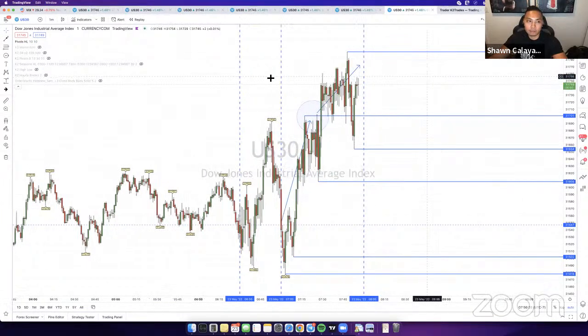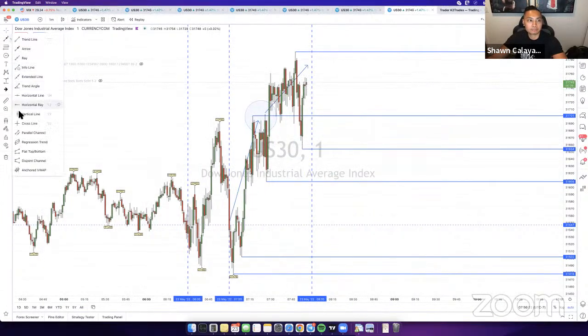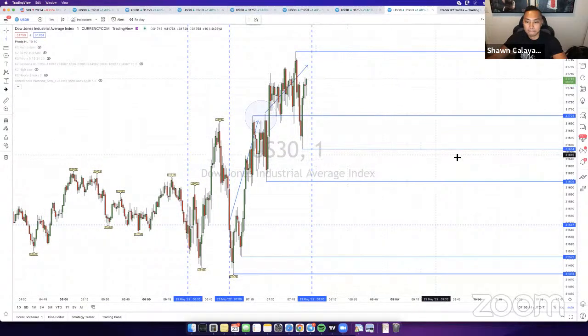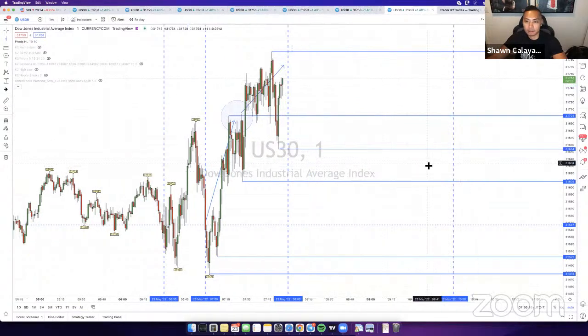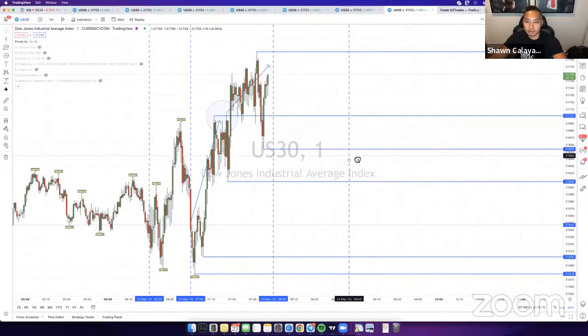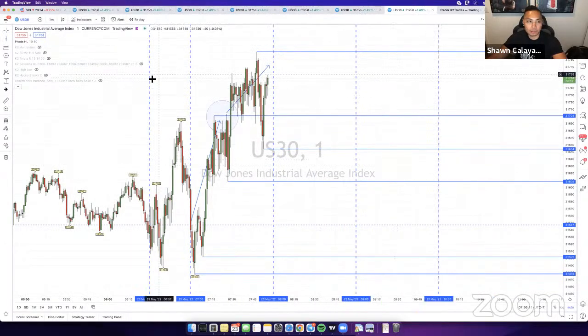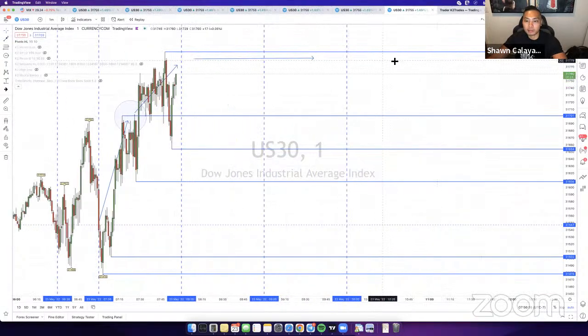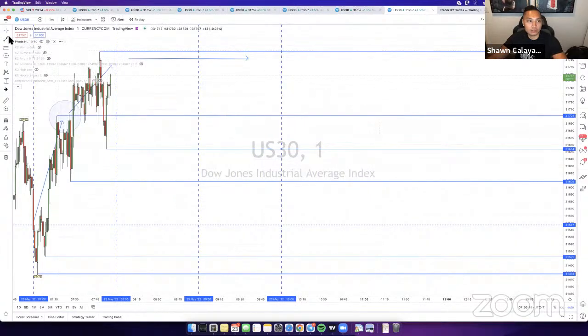At this point now, from 8 until 9 or 10, between this period right here, guys, if you're looking for that mid-market reversal, I think price is probably going to consolidate a bit from here. And then possibly from 10 to 12, you're going to see some sort of drop.